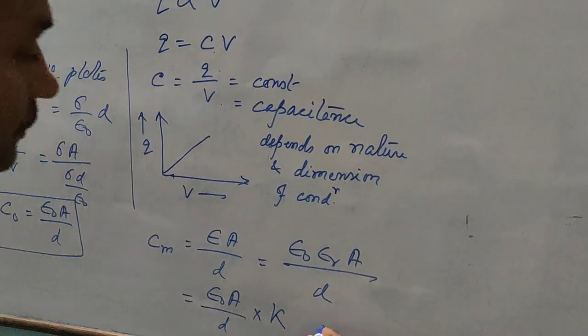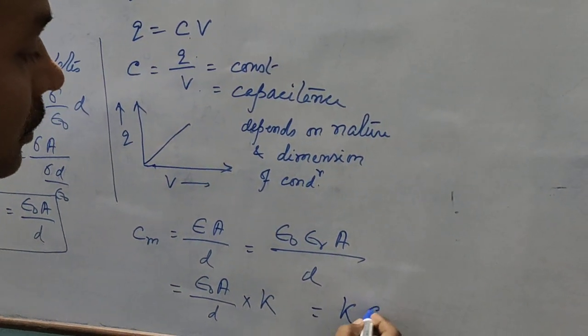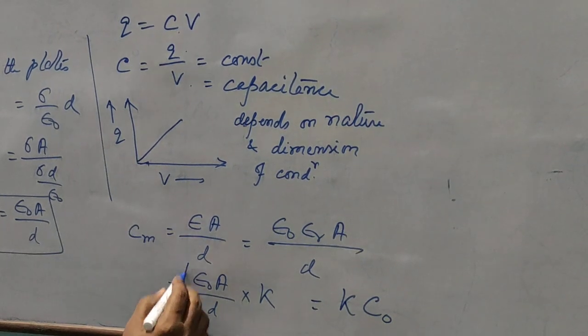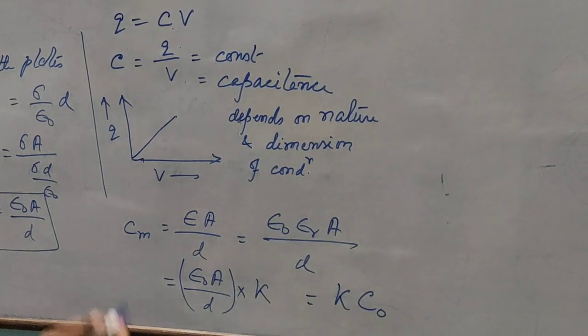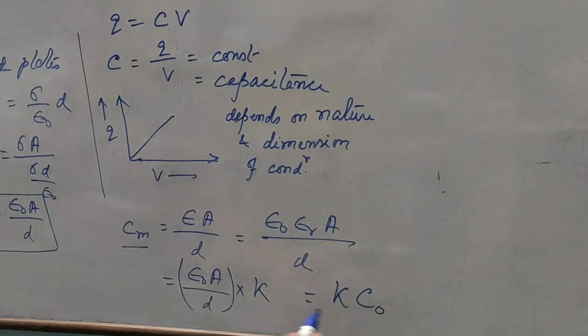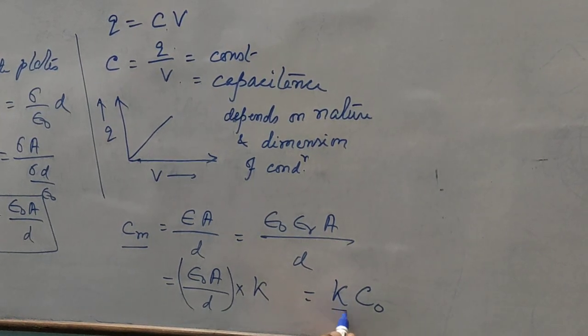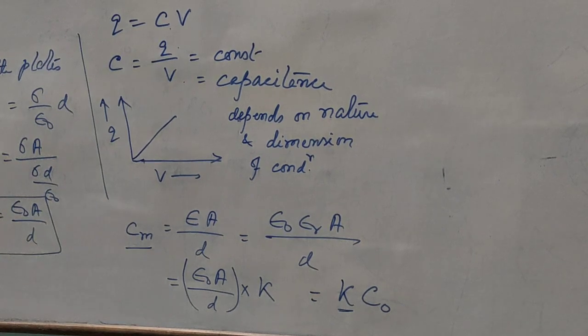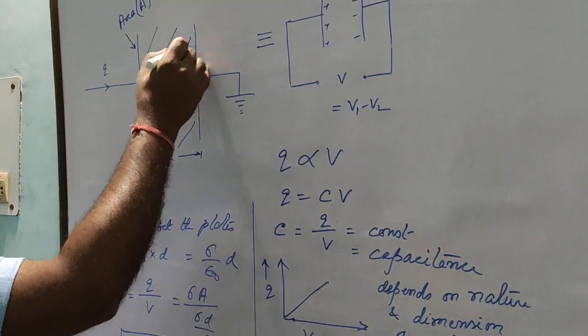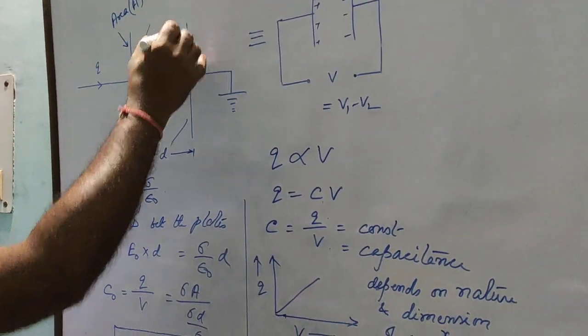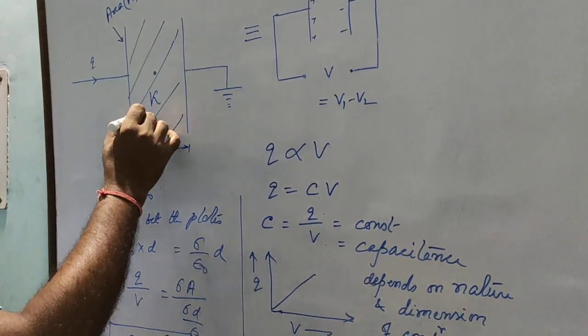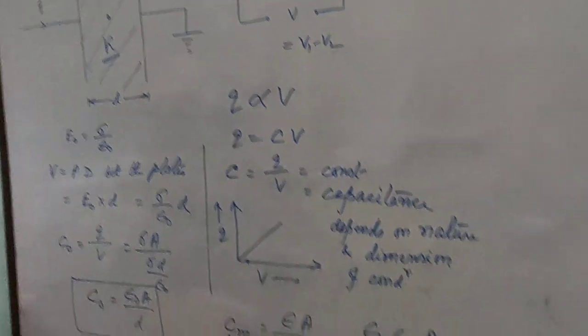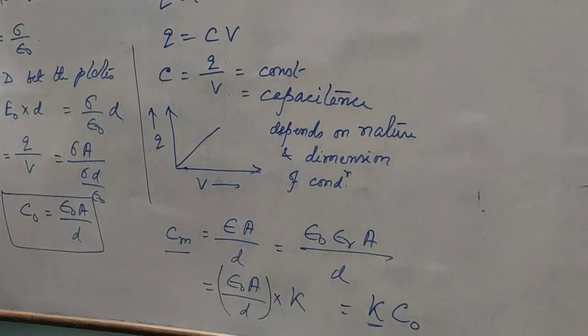This means you are observing that this part is C naught. That means in a medium, capacitance is increased by K times. If the medium between the two plates is totally filled with a dielectric of constant K, its capacitance will be increased K times.